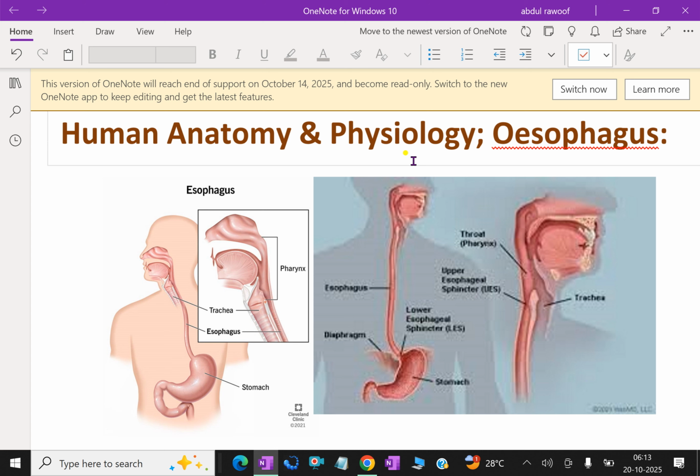Function of the mouth, pharynx, and esophagus. When food is taken into the mouth, it is chewed, masticated by the teeth, and moved around the mouth by the tongue and muscles of the cheeks. It is mixed with the saliva and formed into a soft mass or bolus ready for swallowing.